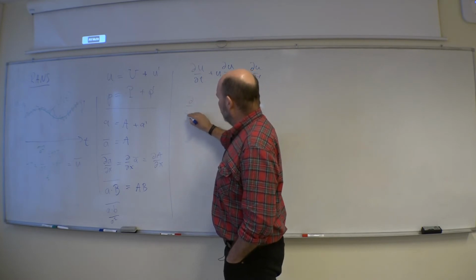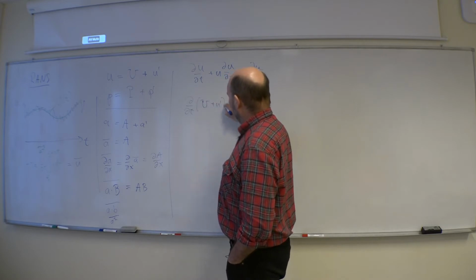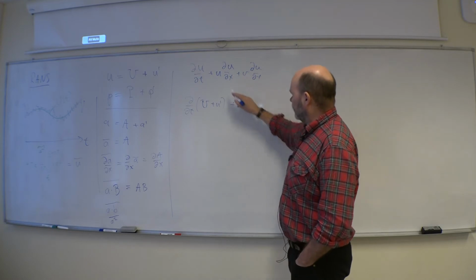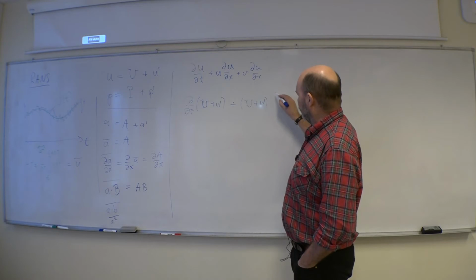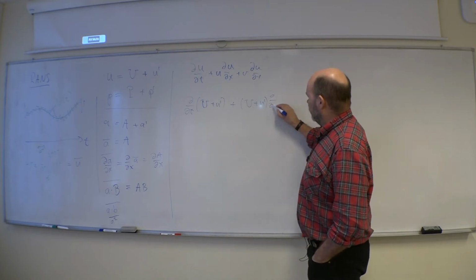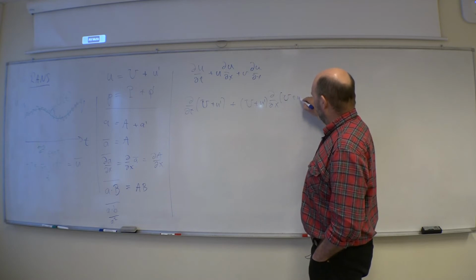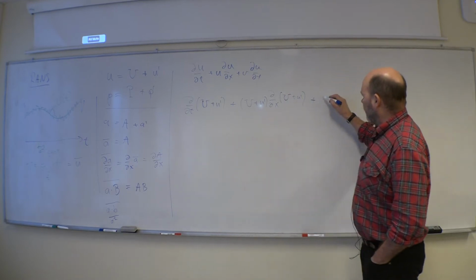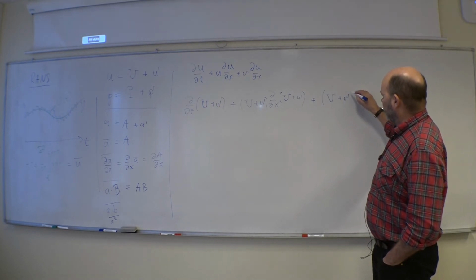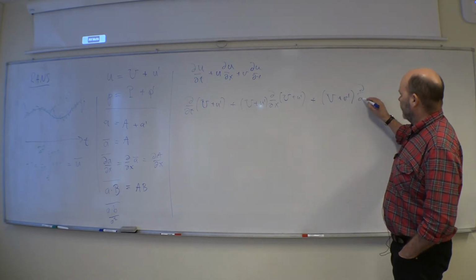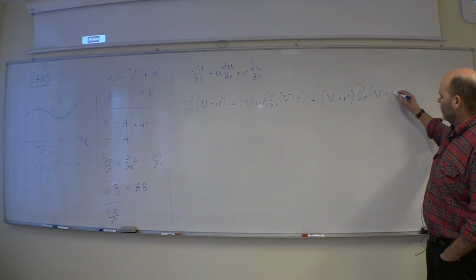Here you have the time derivative of large U plus fluctuating part, then large U plus u fluctuating times the x derivative of the same, and finally large V plus little v times the y derivative of the same.